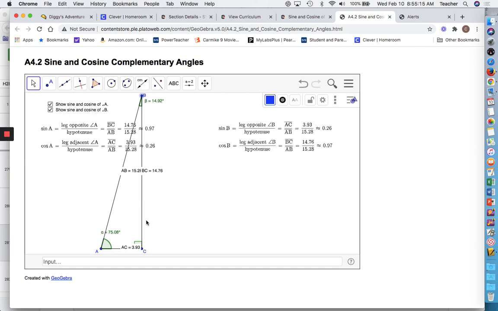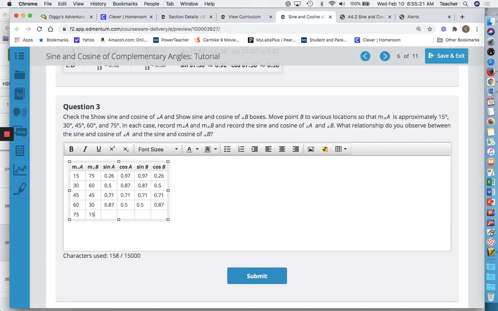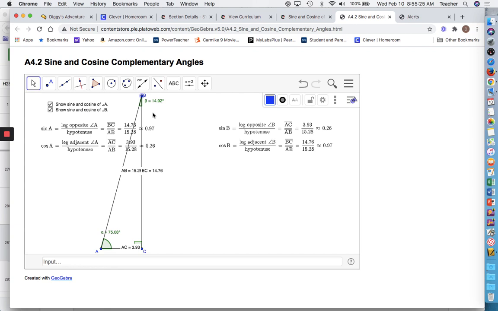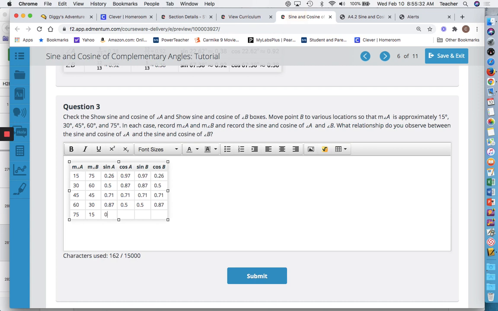I'll take it. That means angle B is 15 degrees because 75 plus 15 is 90. Sine of A is 0.97 and cosine of A is 0.26. And remember, they switch on us. So 0.26, 0.97.